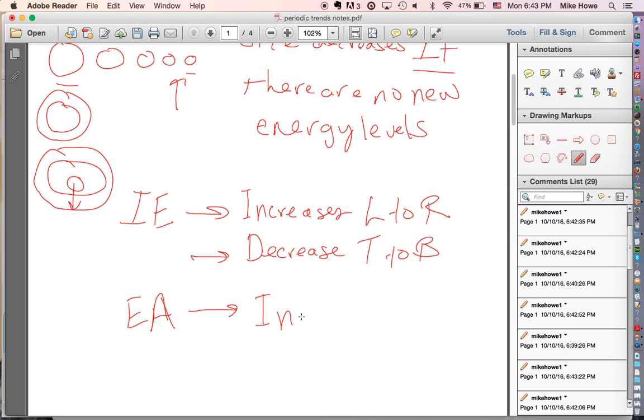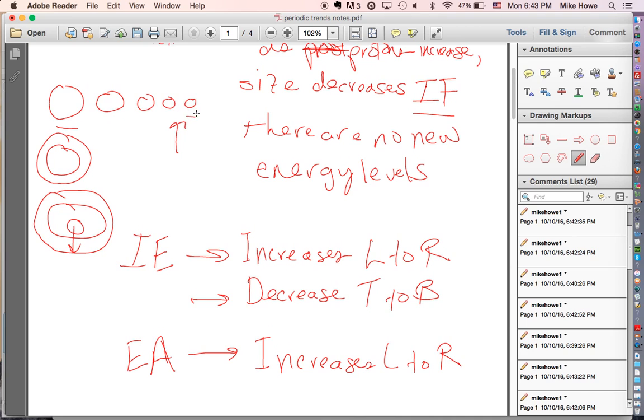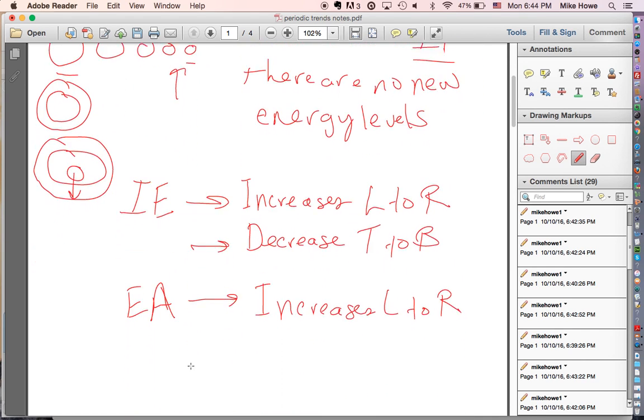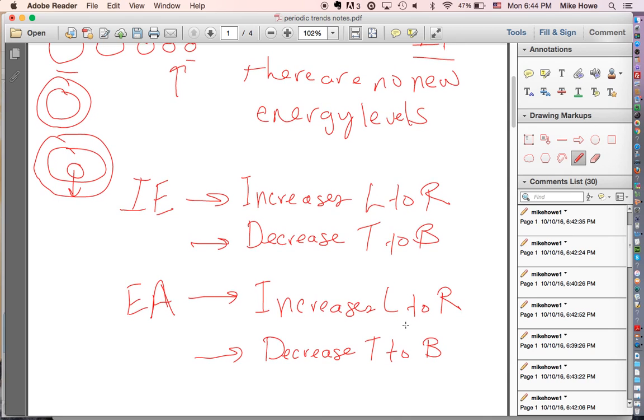It increases left to right. Once again, that's because you're increasing protons as you go from left to right without adding an energy level. If you increase protons without adding an energy level, things get held tighter. And then from top to bottom, the electron affinity decreases.